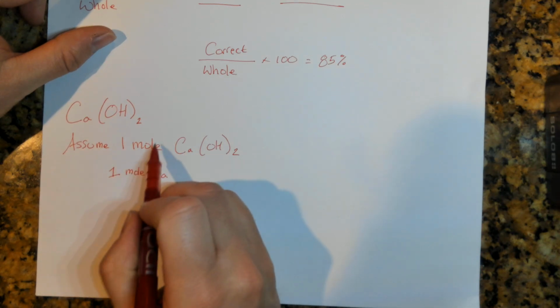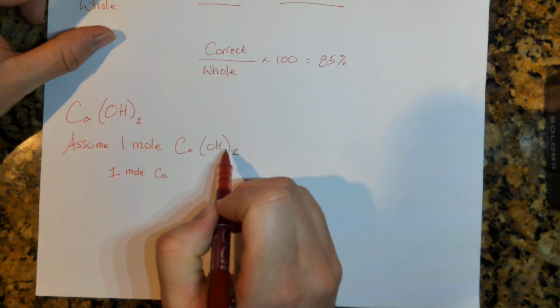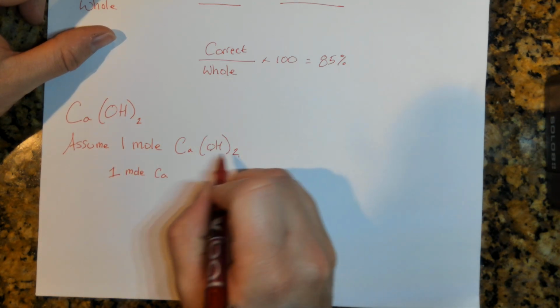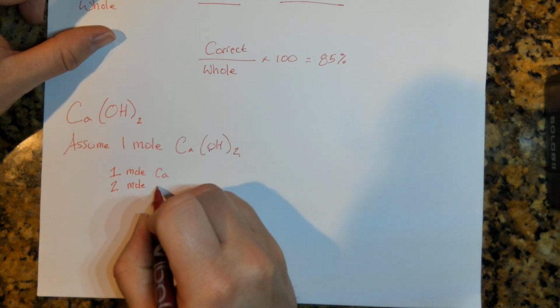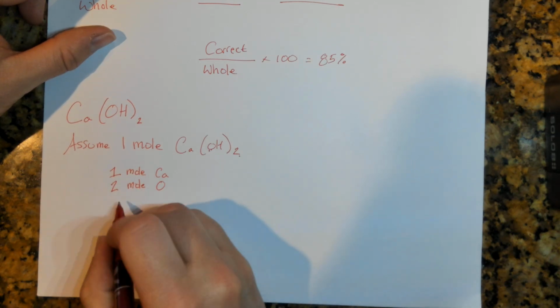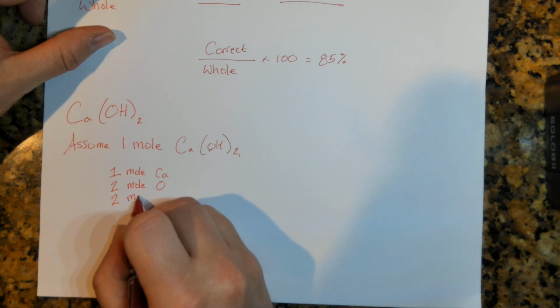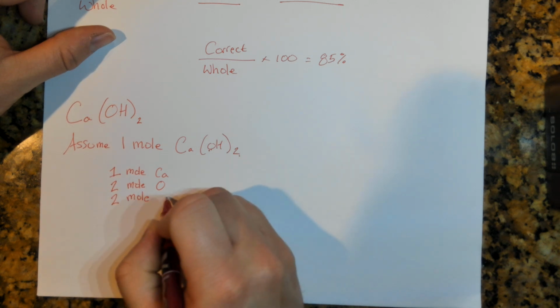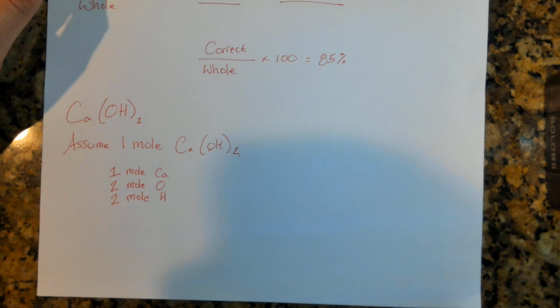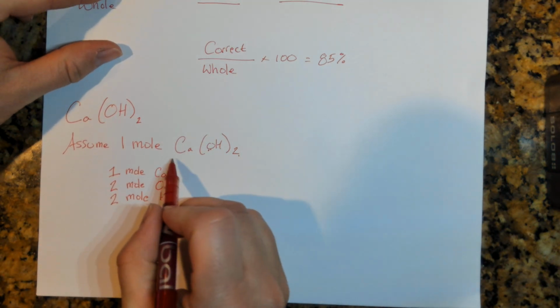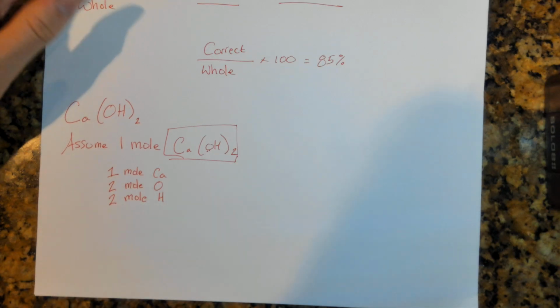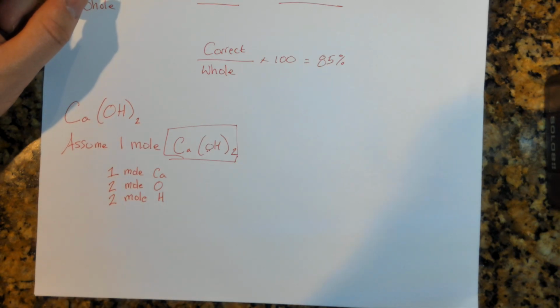Well, for every 1 mole of calcium hydroxide, we're going to have 2 moles of oxygen and 2 moles of hydrogen. What this means for us is that when we get a chemical formula, the chemical formula is giving us a ratio.